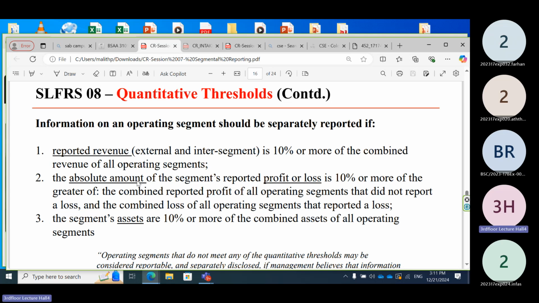So that's it for today. I think 50-60% of segment reporting is discussed.